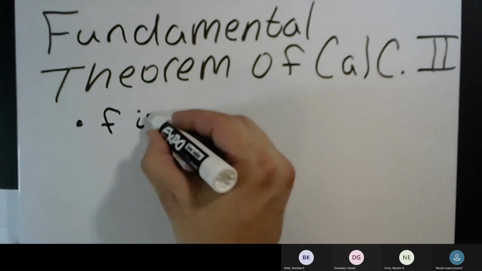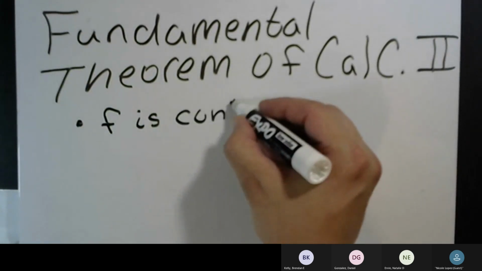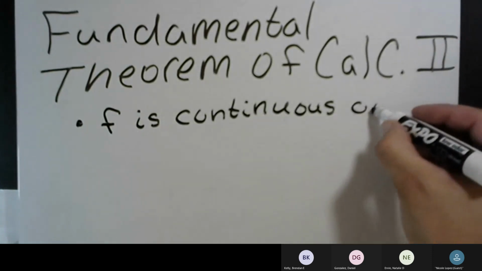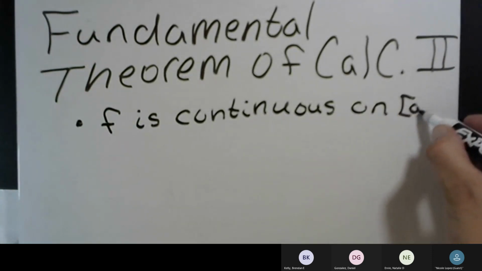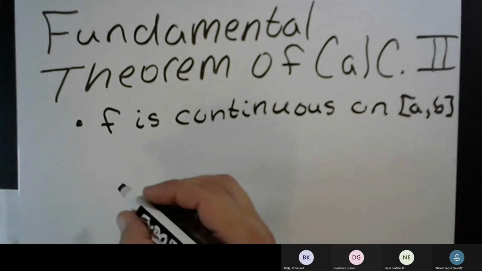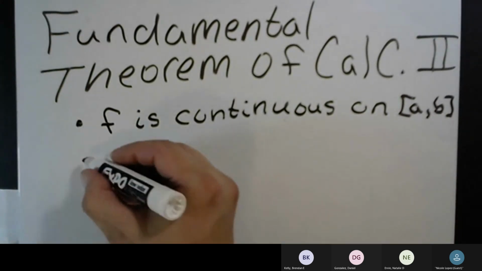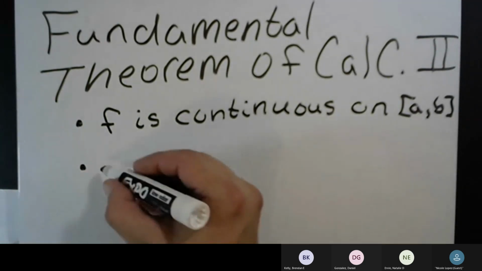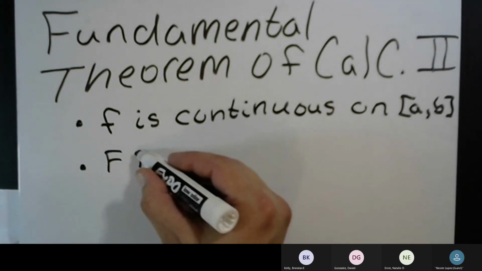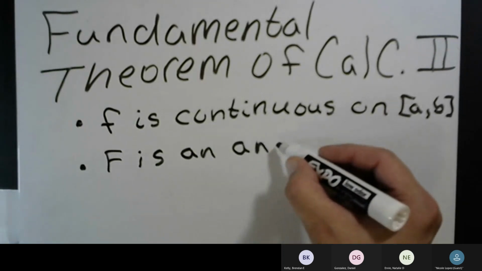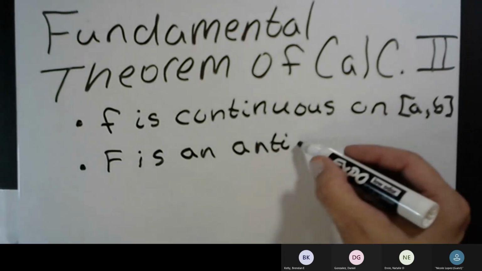So f is continuous on AB, where we're going to do our integral. And capital F is the antiderivative.